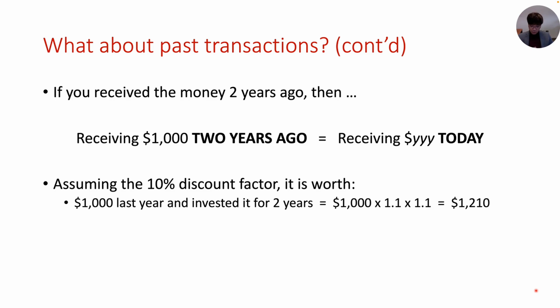If you received $1,000 2 years ago, in the same manner, it is worth $1,210 now, which equals multiplying $1,000 by 1.1 twice.